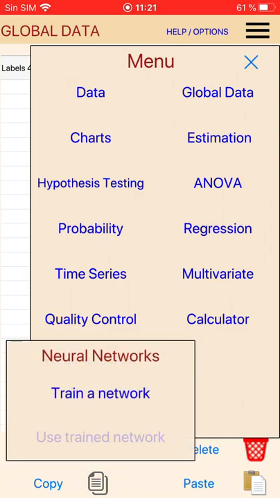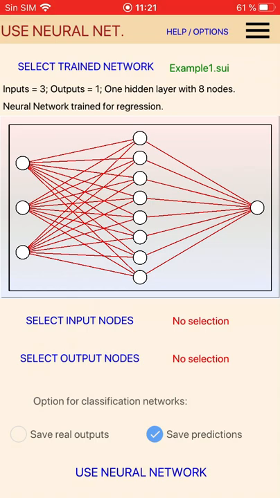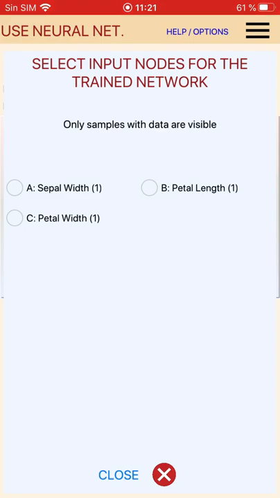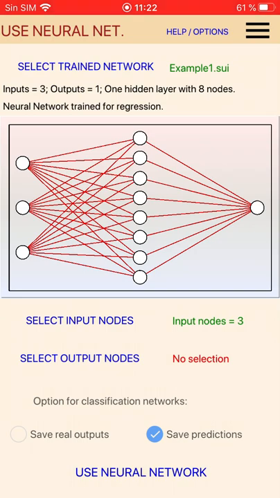Use trained network, and now select input nodes, and we have these three inputs. And very important, it doesn't matter in which order you select the inputs. The first one is going to be this, and the third one is going to be that one. Okay, so we have three input nodes that match the inputs of the neural network.